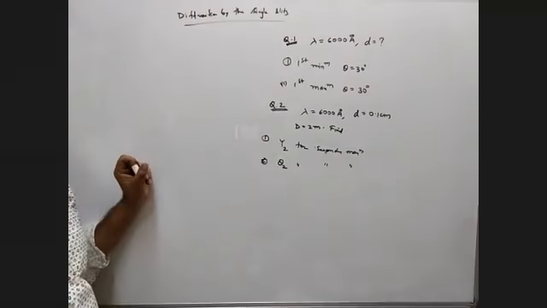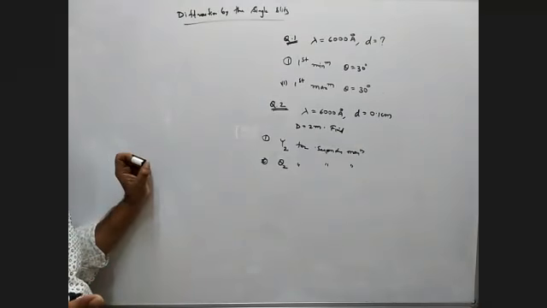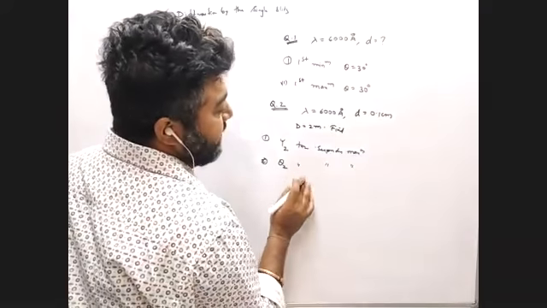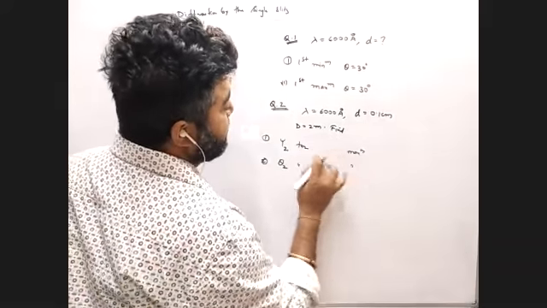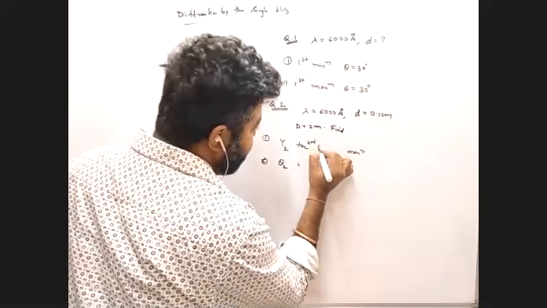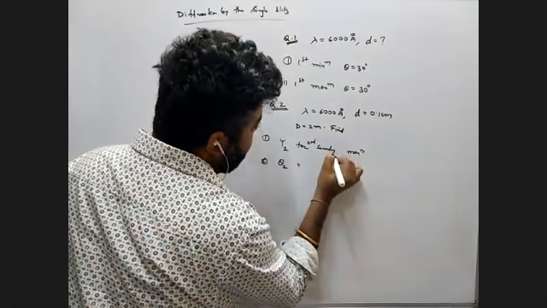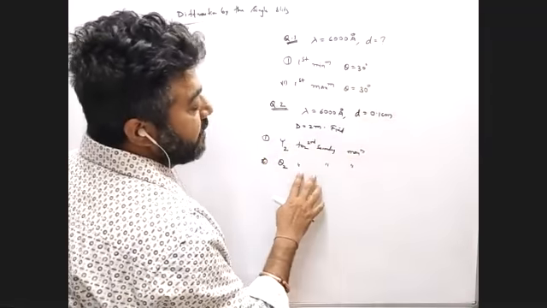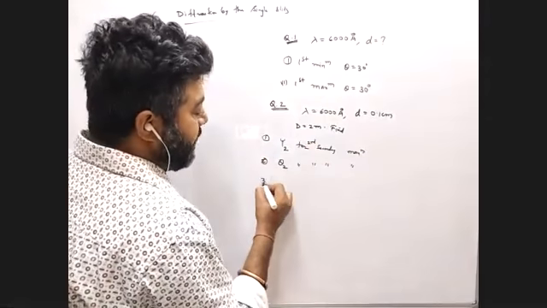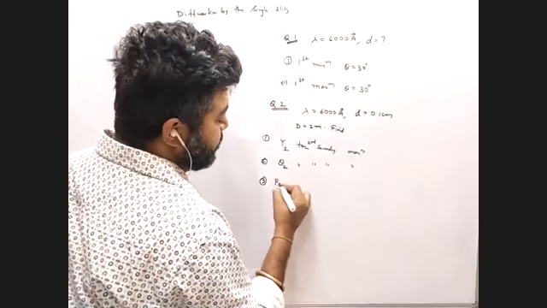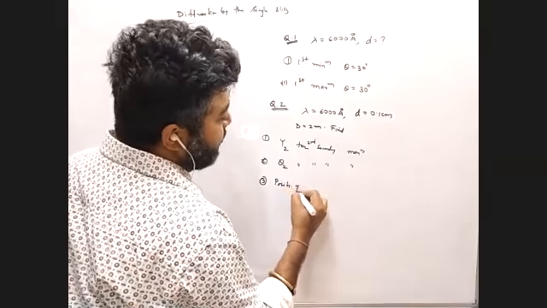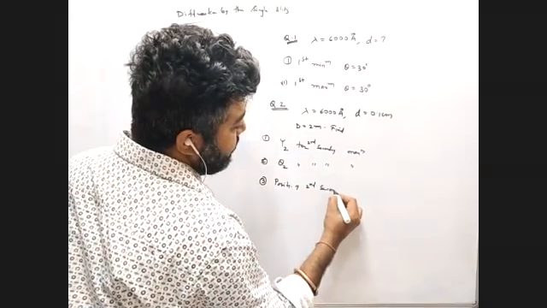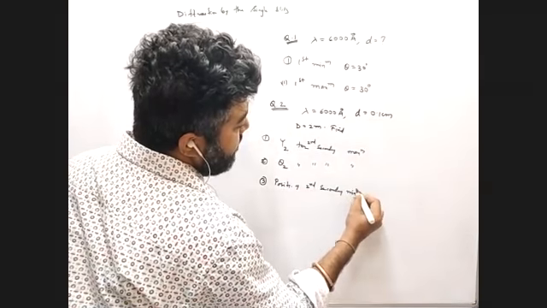You understand what I mean by 2? Means secondary maximum. Is it clear? Position of the secondary maximum, angular position of the secondary maximum. Number 3, position of secondary minimum.